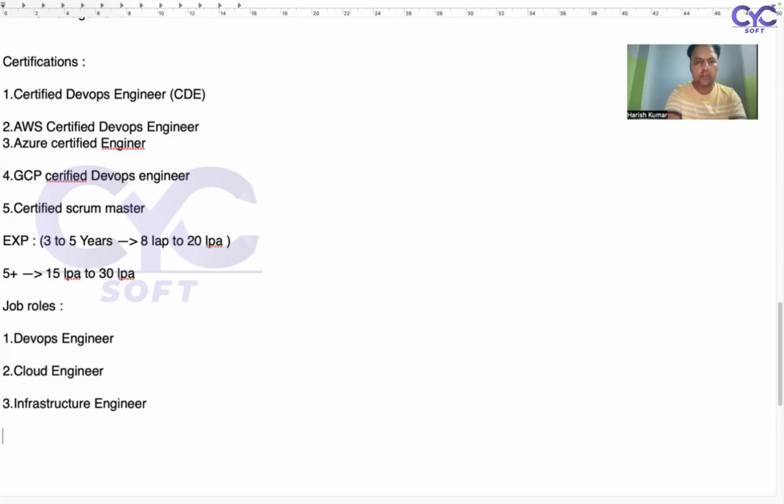Fourth, Automation Engineer. Fifth, Release Manager in cloud automation. Okay, so these will be the roles available to you, guys.